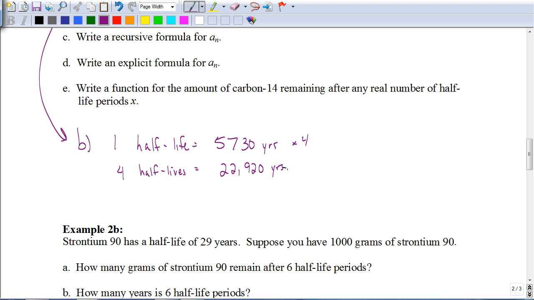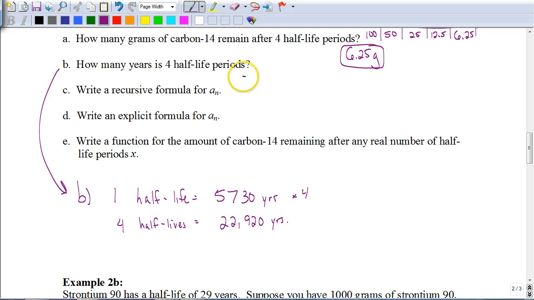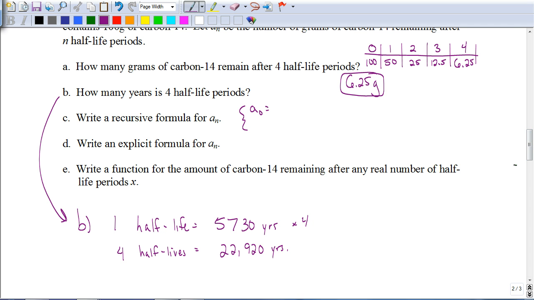Part C, it asks for a recursive formula for A sub n. So to do that, remember a recursive formula, we start out with what we know for our first term. Our first term is going to be our initial amount, A sub 0 instead of A sub 1, because A sub 1 doesn't represent before any half-lives have occurred. A sub 0 would represent before any half-lives, so our initial amount is 100.